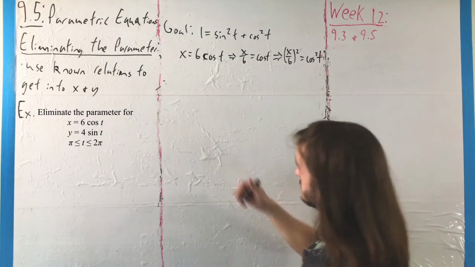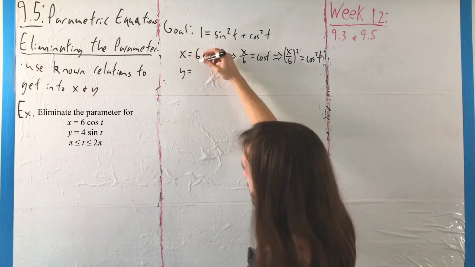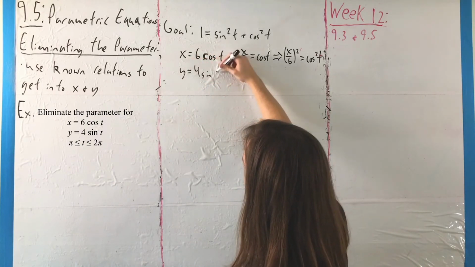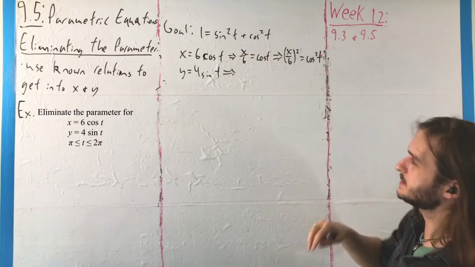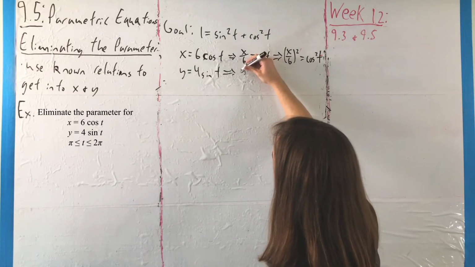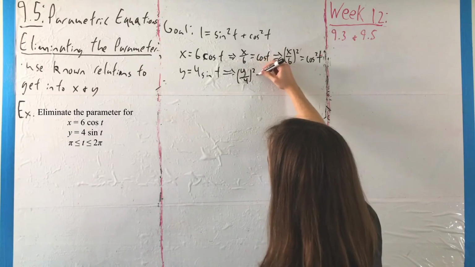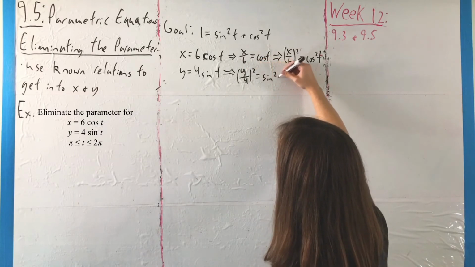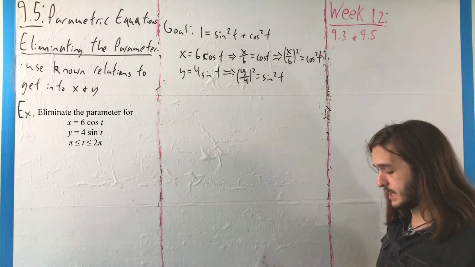And then similarly for sine, because y is equal to 4 sine of t, I'm going to skip this little middle step. I'm going to divide over the 4. We'll have y over 4, and then I'm going to square it, is equal to sine squared of t, for the exact same reason as in the previous case.